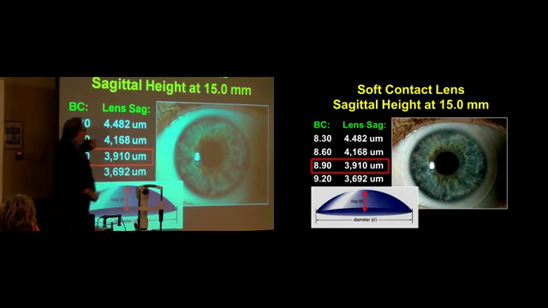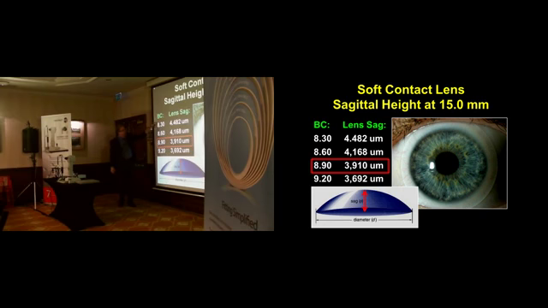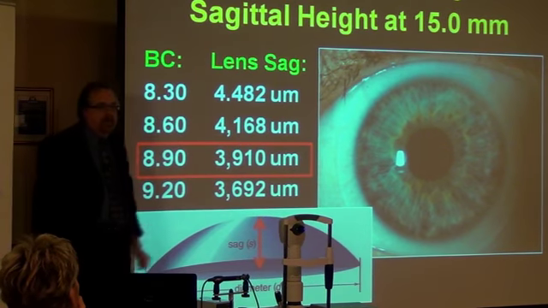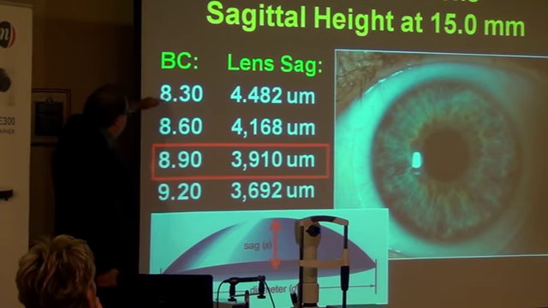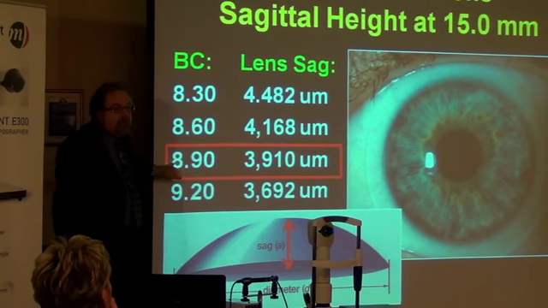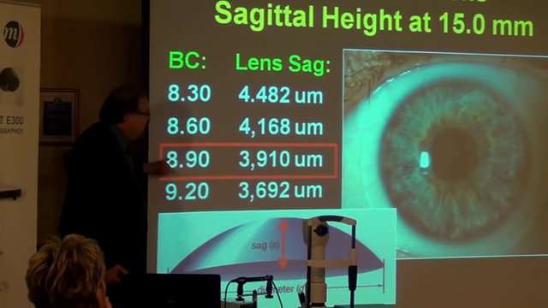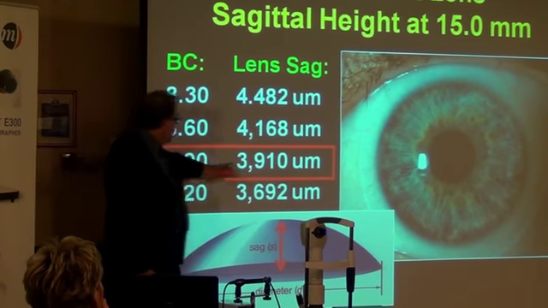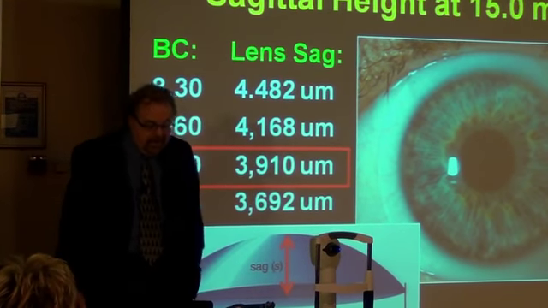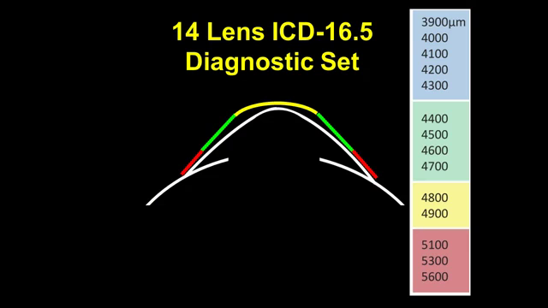If you had a 15 millimeter lens with an 8.3 radius, that lens would have a sagittal height of 4,482 microns. As we get down to a more normal base curve, back optic zone radius for a 15 millimeter lens, it's 3,910 microns. So fitting a scleral contact lens needs to be based on the same principles.